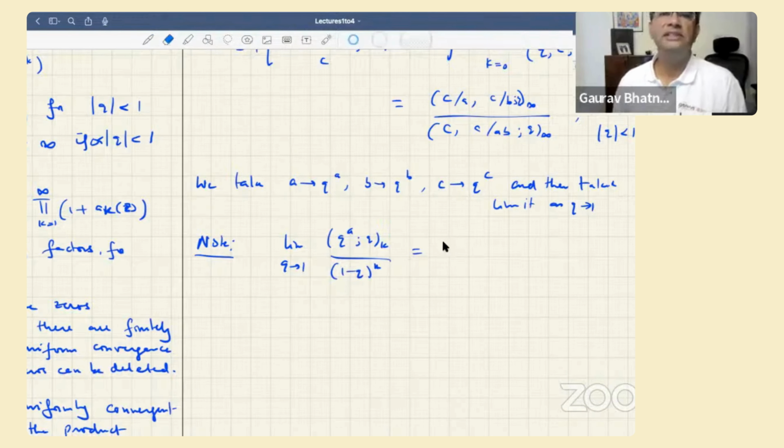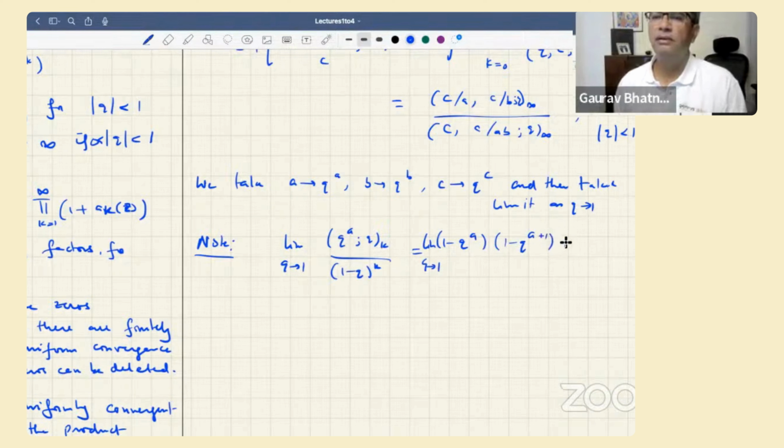is equal to, this we had just taken it earlier, but let me repeat it. This is the limit as q goes to 1 of 1 minus q raised to power a, 1 minus q raised to power a plus 1, and so on, up to 1 minus q raised to power a plus k minus 1, and then there are the 1 minus q's.